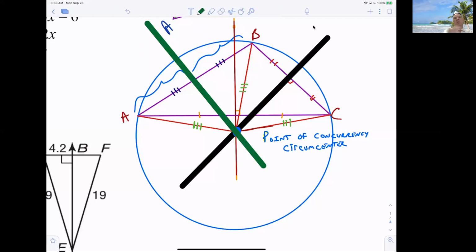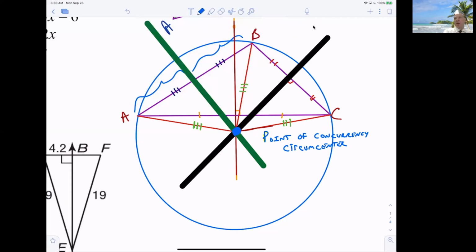And I tell kids all the time, I don't memorize anything. I want you to look at that and say, that's so obvious now that I can see it. If that blue dot is equidistant from AC, and from BC, and from AB, then it must be equidistant from what? All three points.